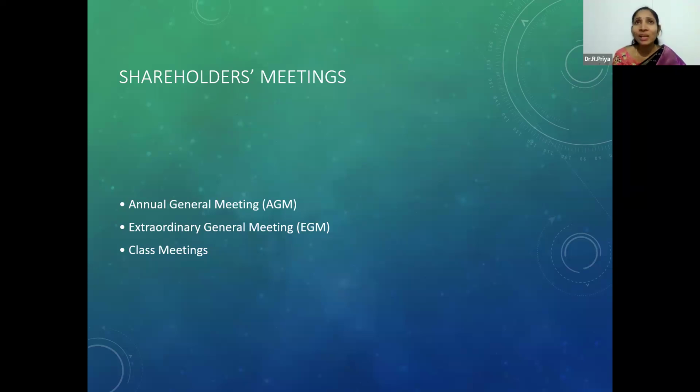The meeting must be held within the prescribed time limit under the Companies Act 2013. The AGM reinforces accountability and transparency, as stakeholders review past performance and question management decisions.